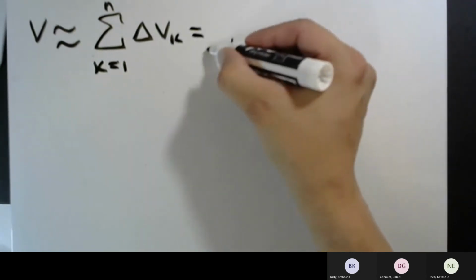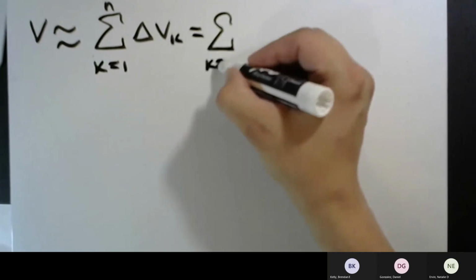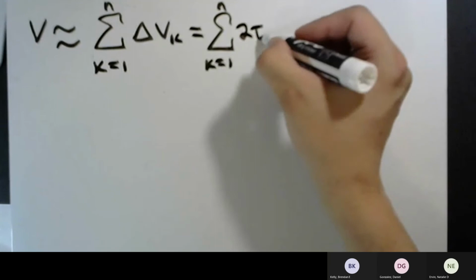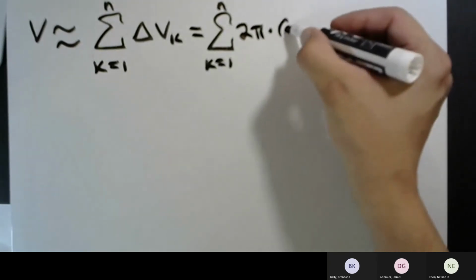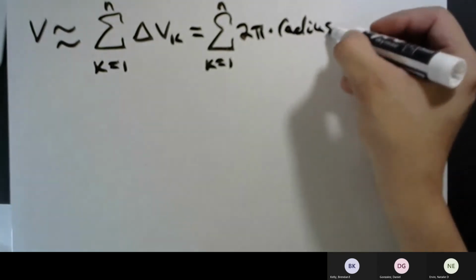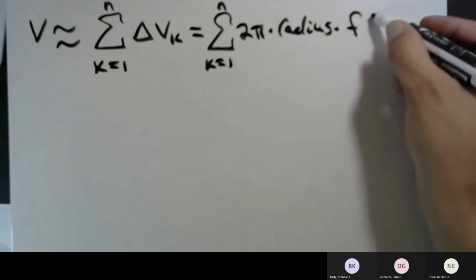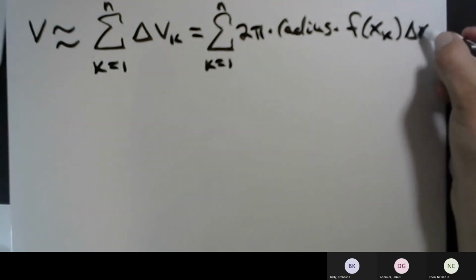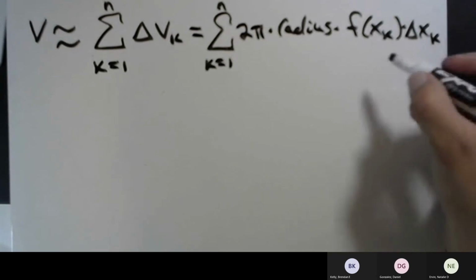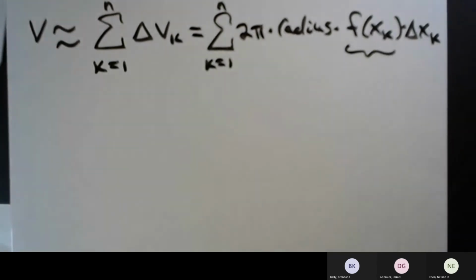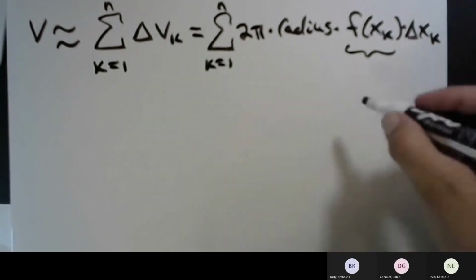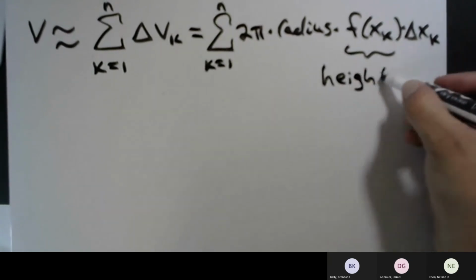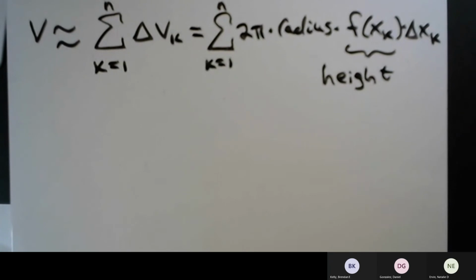And that's going to be the sum, k equals 1 to n, of 2 pi times the radius times f of x k delta x k. I'm going to make a little note here with f of x k. Sometimes the height could be a difference of functions. So we might be more generic and just call that the height.